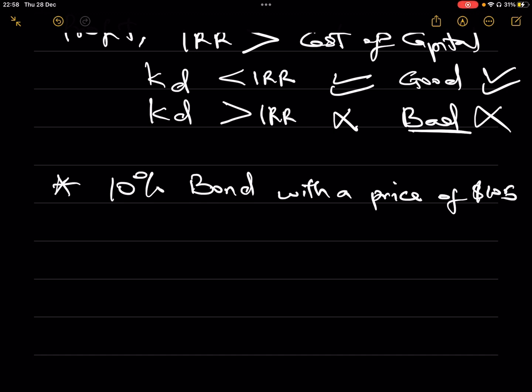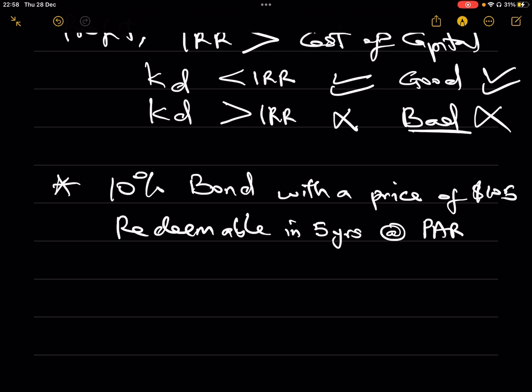This bond is redeemable in 5 years at par. Remember, at par means $100. Please ignore tax. Let's keep it simple on this. Let's calculate IRR for this investment.